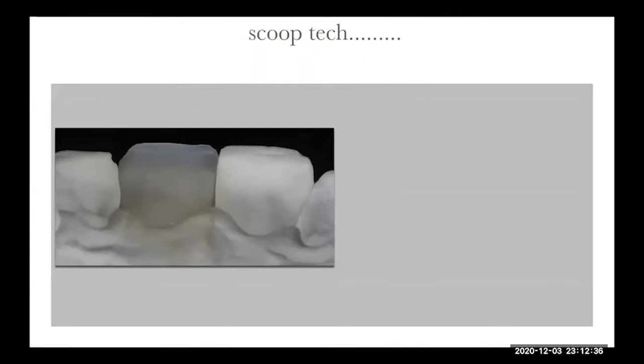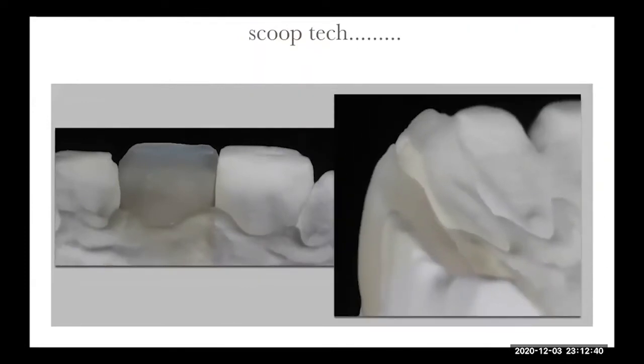In that case, we already have the pressed tooth on the solid model. And you can see that we reduced the lingual part like 2 millimeters inside, okay? You see, 2 millimeters. So we create a thin wall.